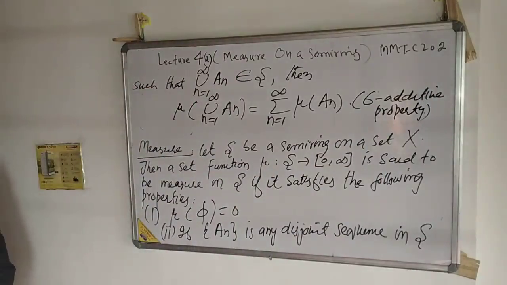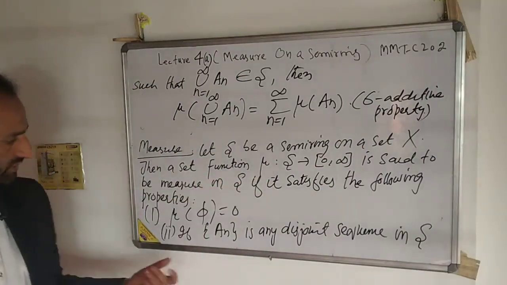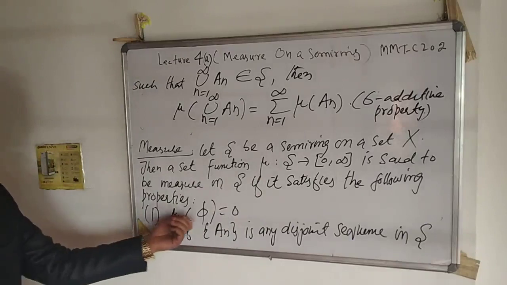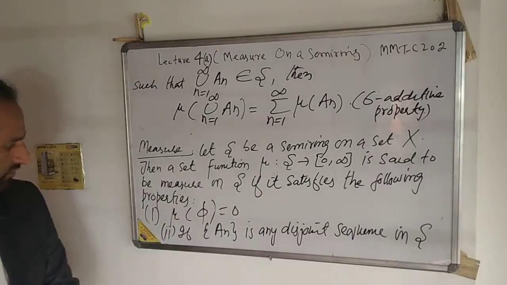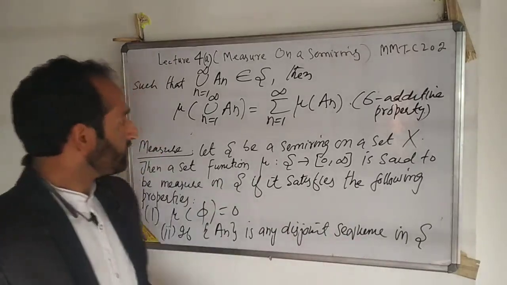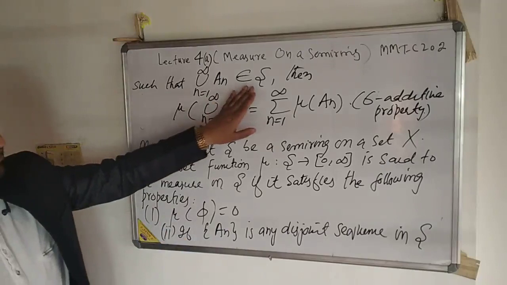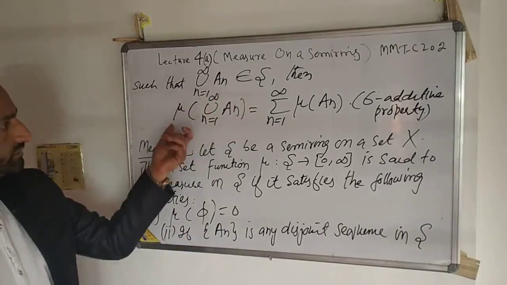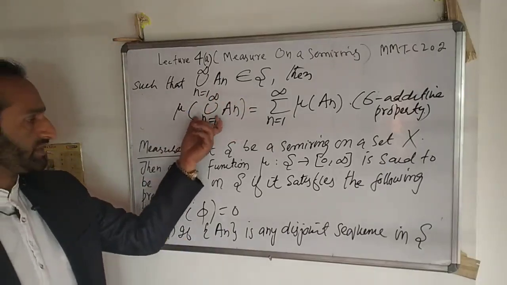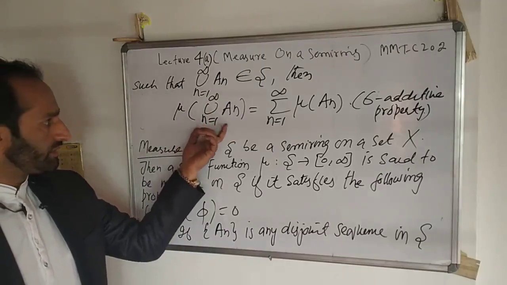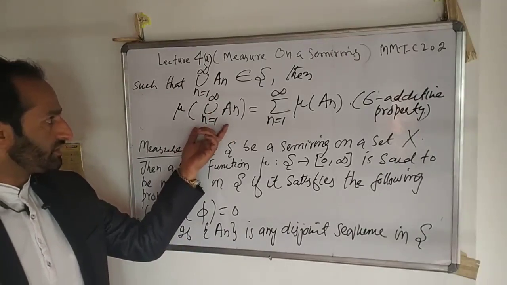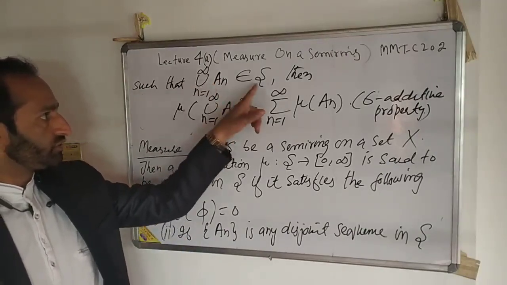So a measure is a set function satisfying these two properties. Its value on the empty set is equal to 0, and if we have any disjoint sequence in S, in that semiring, with the property that the union of that disjoint sequence is in S, that's a requirement because we have to calculate mu of that disjoint union. So we can only calculate this value if this union belongs to the domain of mu.